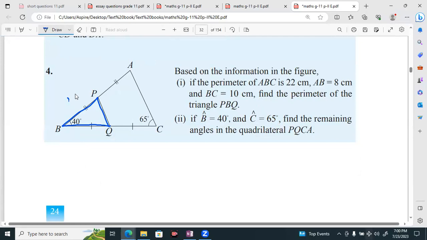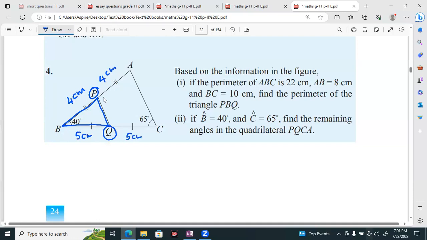That means BP equals 4 centimeters and PA equals 4 centimeters. It's because we can identify that P is the midpoint of AB. And when you consider the midpoint of BC, it is Q. Then BC is 10 centimeters. That means BQ is 5 centimeters and QC is 5 centimeters.